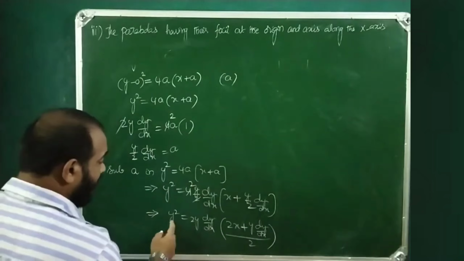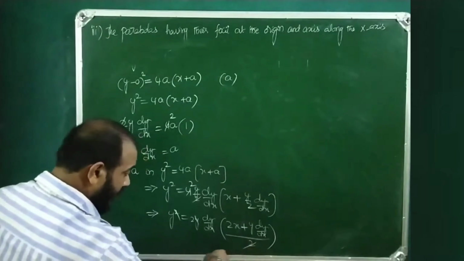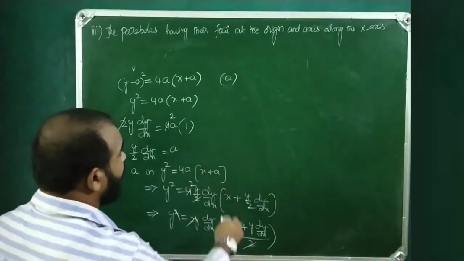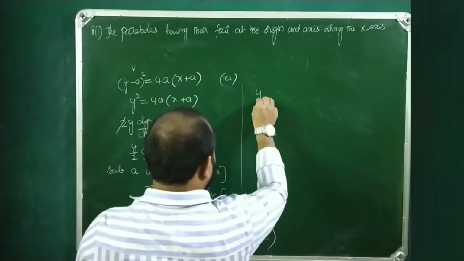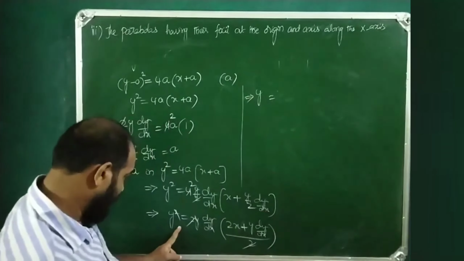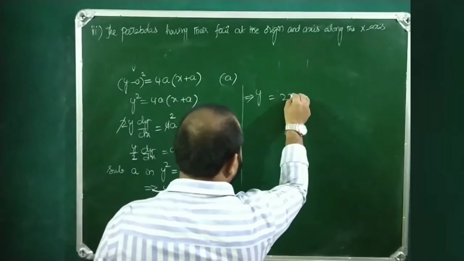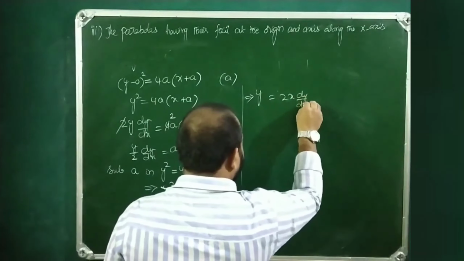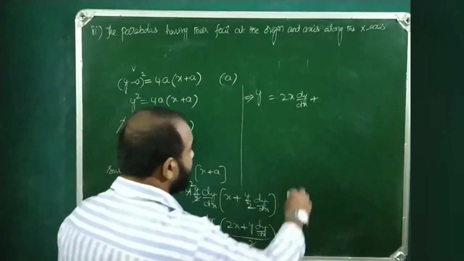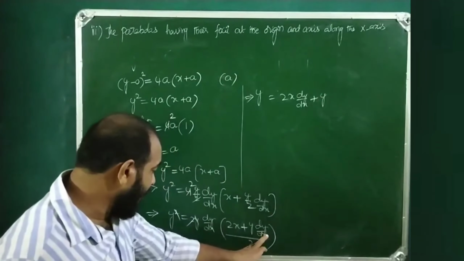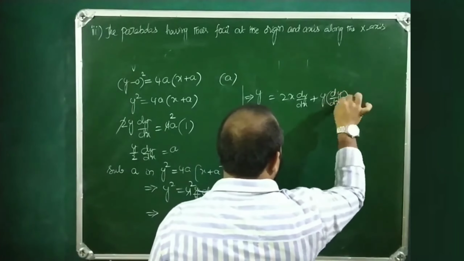If you cancel y throughout the equation, and the 2 and 2 get cancelled, we are left with y equals 2x dy by dx plus y dy by dx into dy by dx, that is dy by dx whole square.